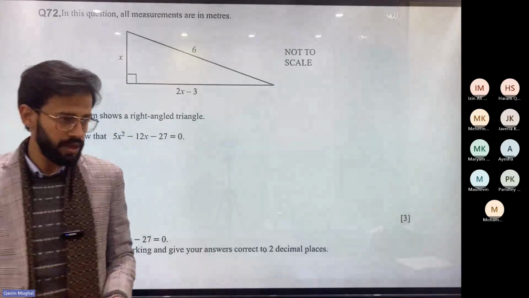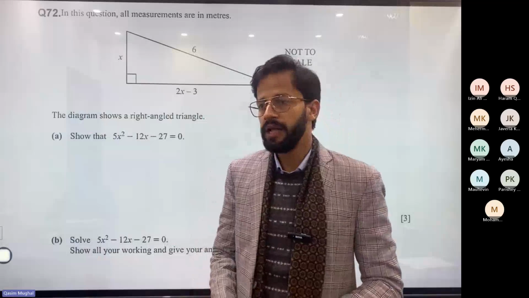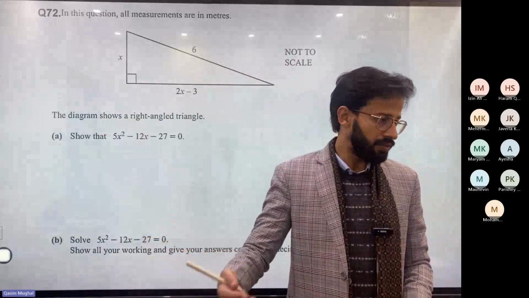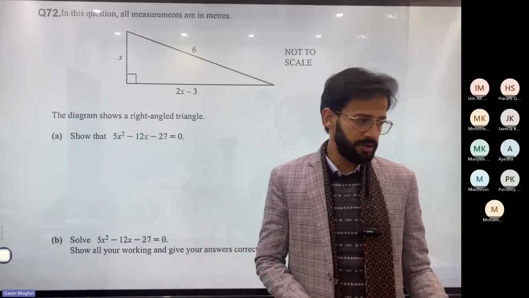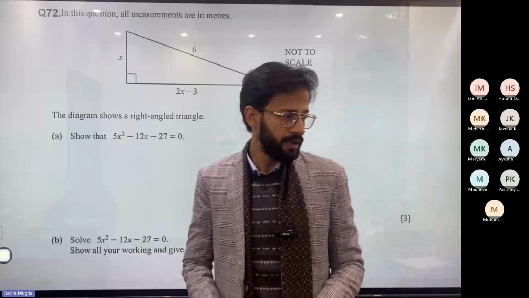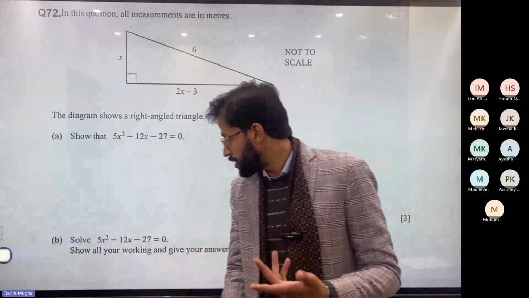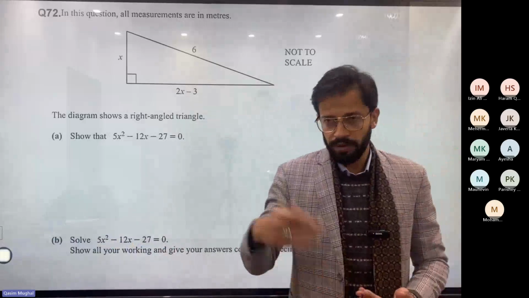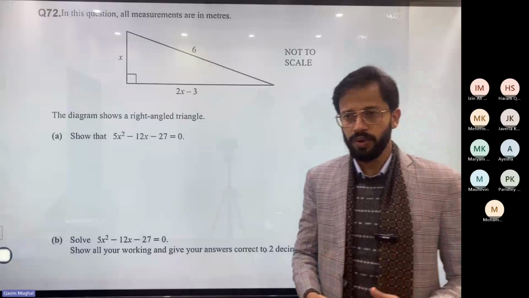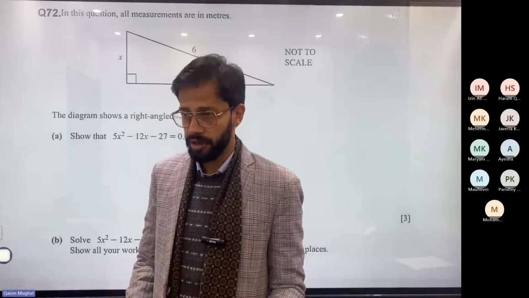Area is half into base times height. Do we have squares there? Nope. The three trigonometric ratios: sin theta equals opposite over hypotenuse, cos theta equals adjacent over hypotenuse, and tan theta equals opposite over base. It doesn't have squares. Hypotenuse squared equals base squared plus perpendicular squared. वो क्या होता है? Pythagoras theorem.